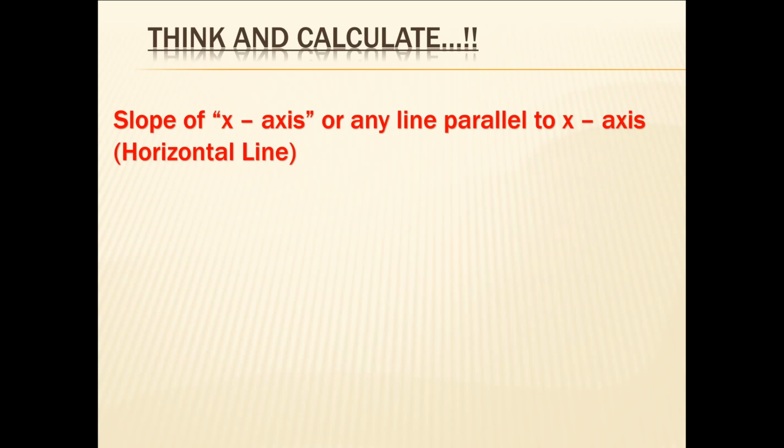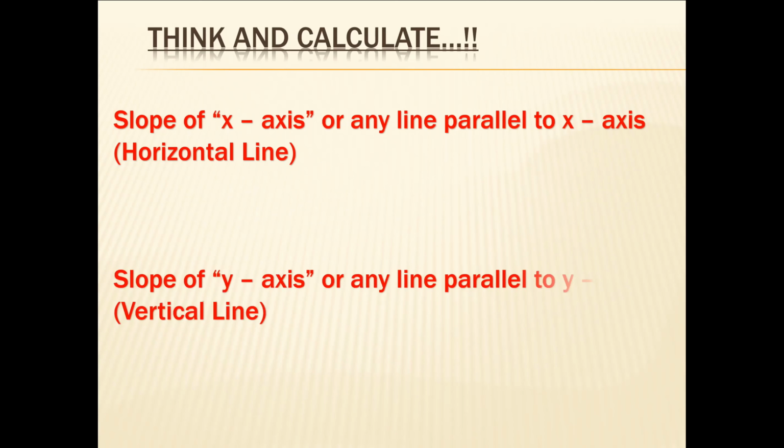So the slope of any horizontal line will be 0. And what will be the slope of the y-axis or any vertical line? Theta will be 90 degrees. The slope of any vertical line, which is exactly going up and down, is either infinite or not defined.